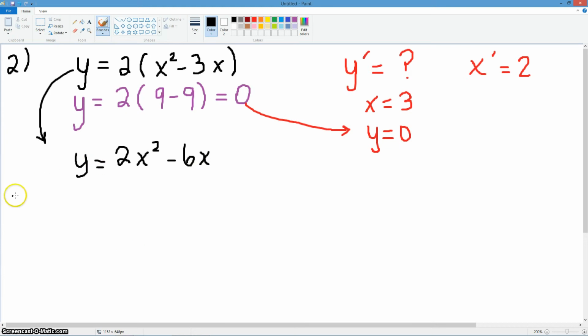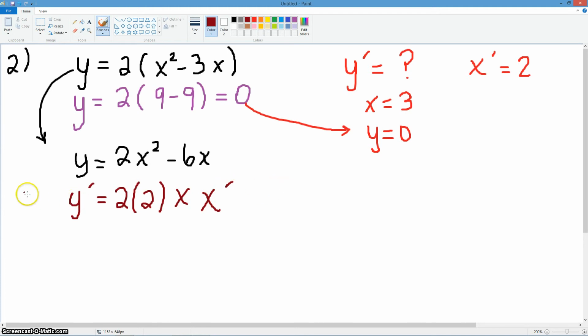So let's take the derivative of each side here. If we take the derivative, we get y prime is equal to, keep that 2, that's the coefficient, and do the chain rule, the power, which is 2, times your expression to the 1 less, which is just x to the first power, times the derivative of what's being raised to the power, which in this case will be x prime.